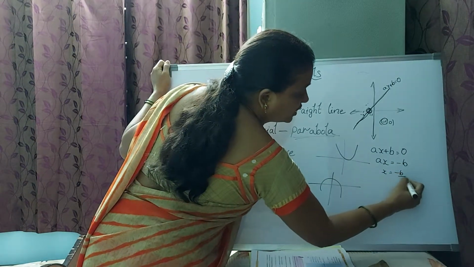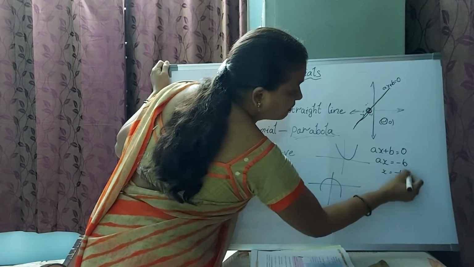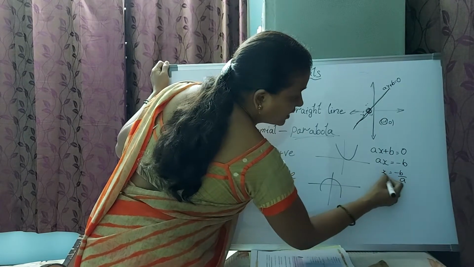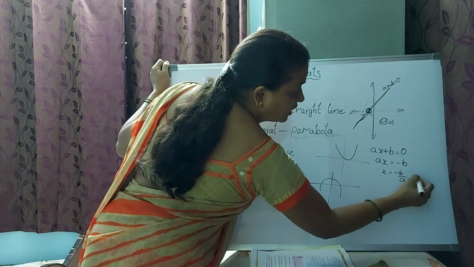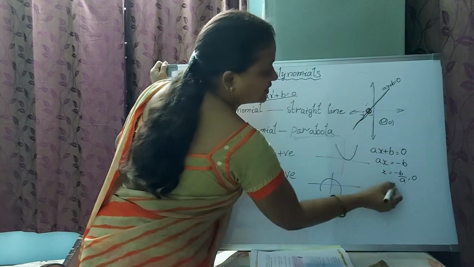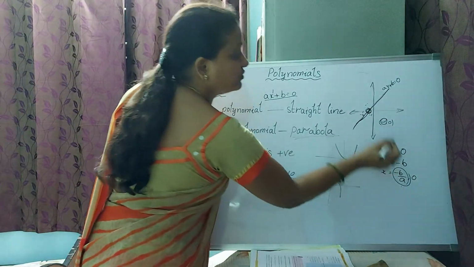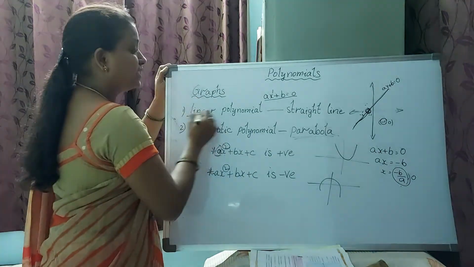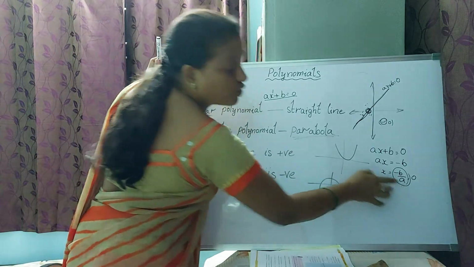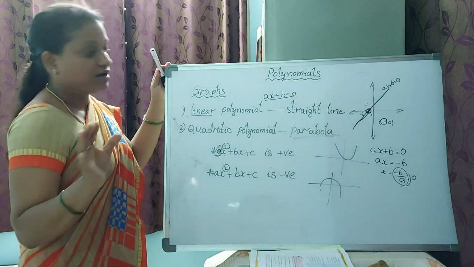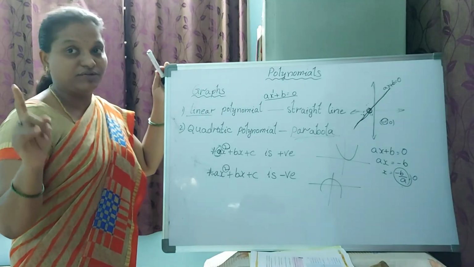So minus b by a, since it is multiplying, when it goes there it becomes division. The x coordinate is minus b by a, comma 0. That means on the x-axis this minus b by a will come. So it is called the zero of this particular linear polynomial. For this linear polynomial, only one zero of the polynomial will be there.